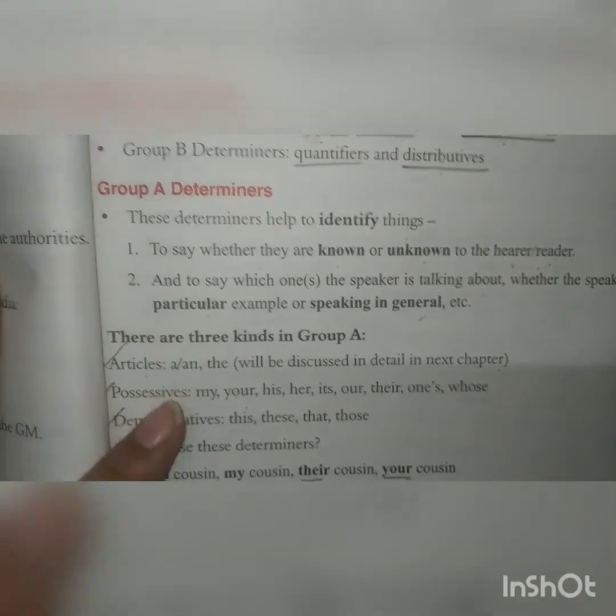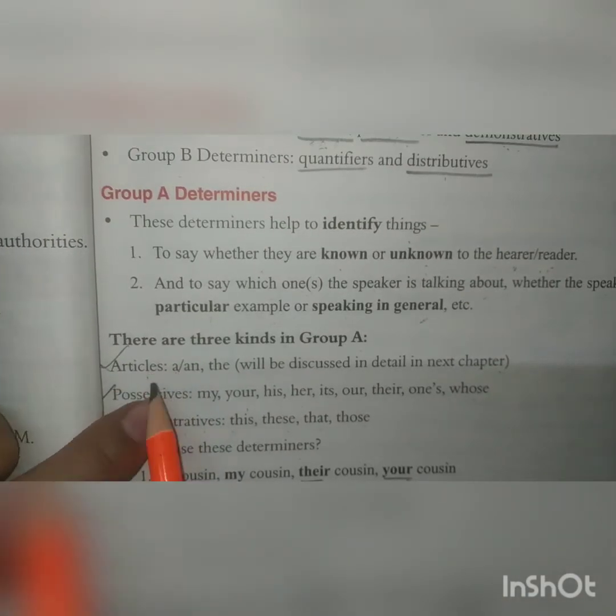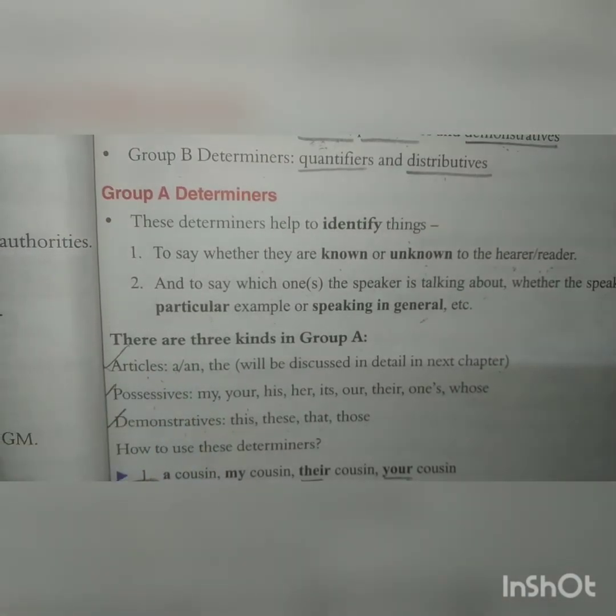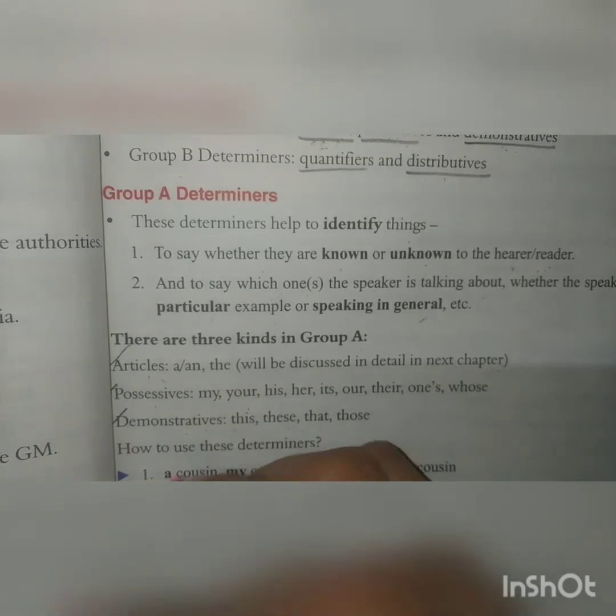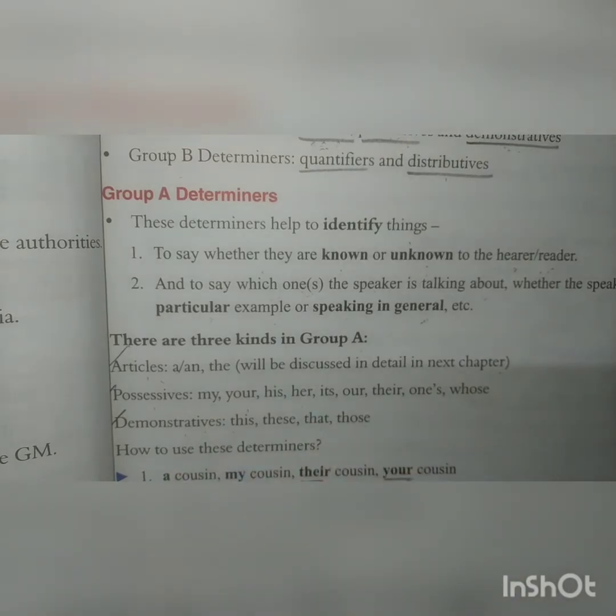Now if we are using an article, we can use a, because the word starts with C, a consonant, not a vowel. An is used with words starting with vowels. So a cousin.